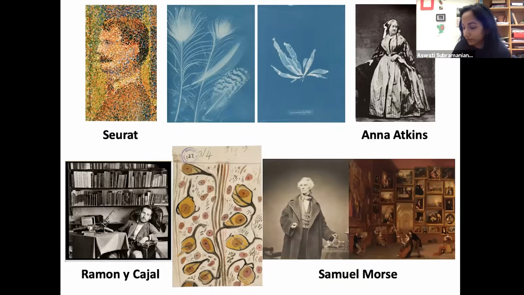I think Samuel Morse is someone who is most familiar to most people here. Samuel Morse had an interesting history. He was an artist and he tried a lot to get into the art world, but somehow his life took him into the field of communication, which he excelled in.